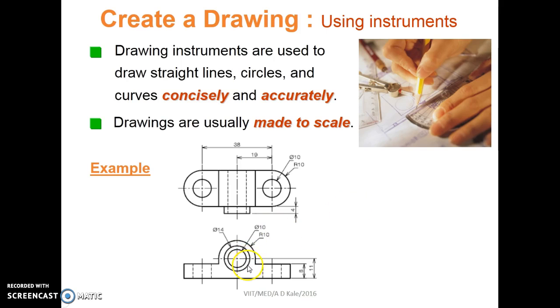Here you can see the front and the top view and the dimensions which are available, the features of that three-dimensional object. You can see them in both the views by using the drawing instruments.